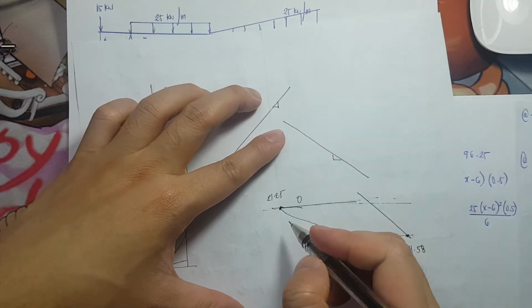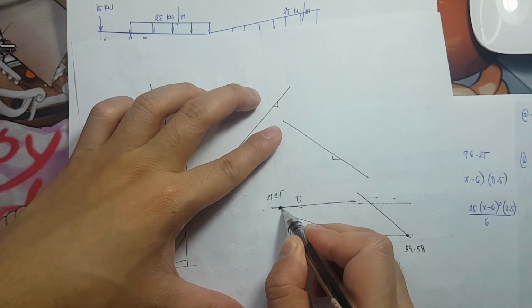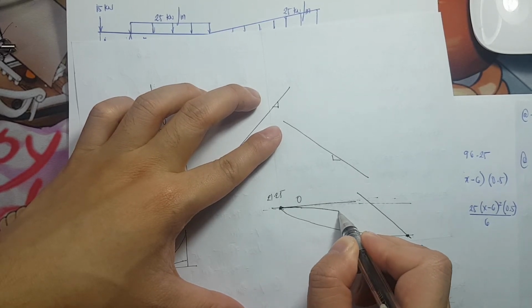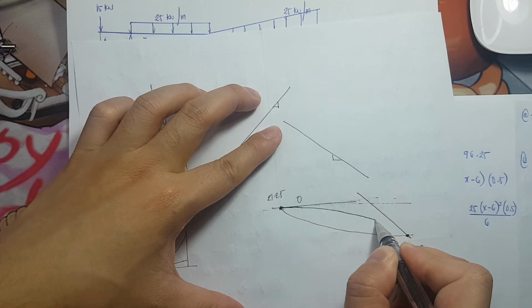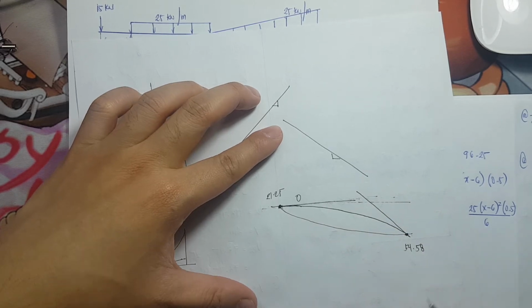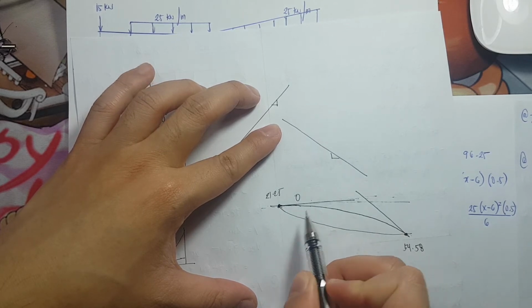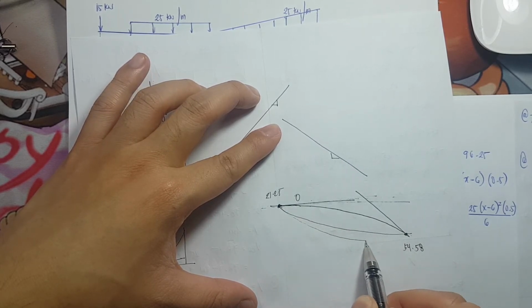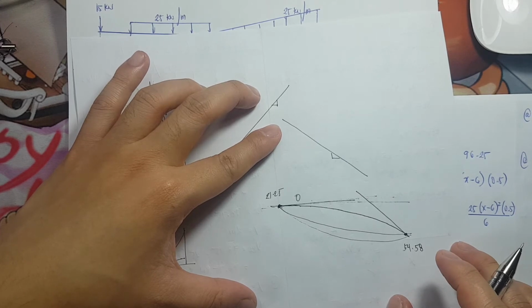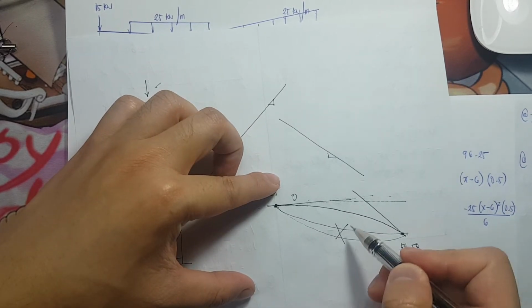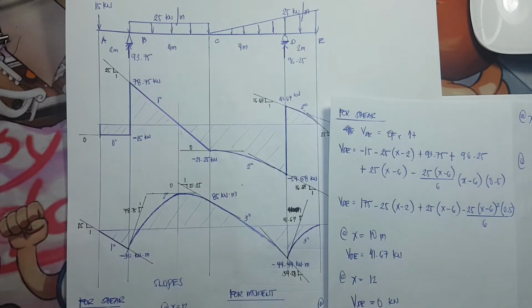So, ang magiging itsura ng curve natin, since papalapit siya sa slope natin, is pag ganito. Okay? Papalapit ito sa slope. Compared to this, hindi siya papalapit, papalayo siya sa slope. Therefore, this is erroneous.